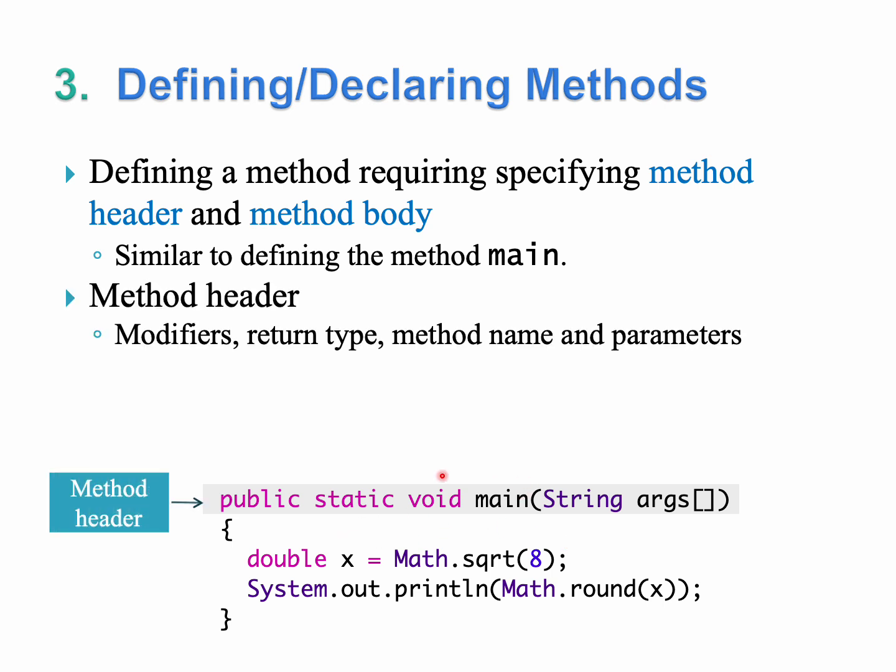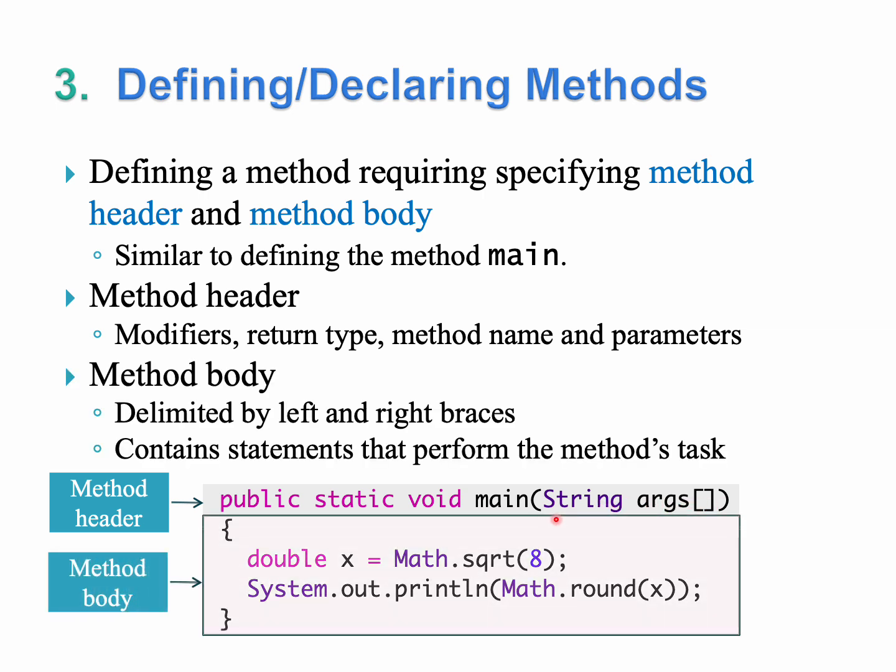Method headers consist of modifiers, return type, the method name, and the formal parameter list. The method body is delimited by the left and the right braces and contains statements that perform the method's task.